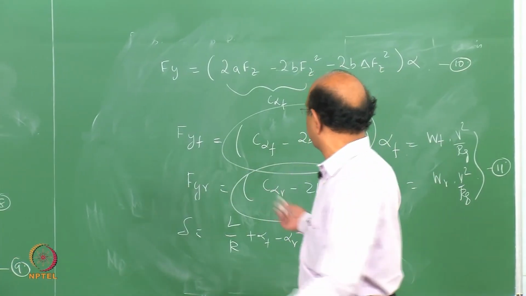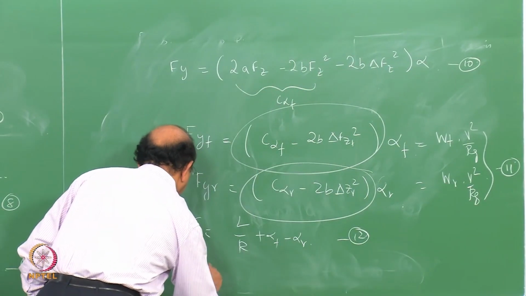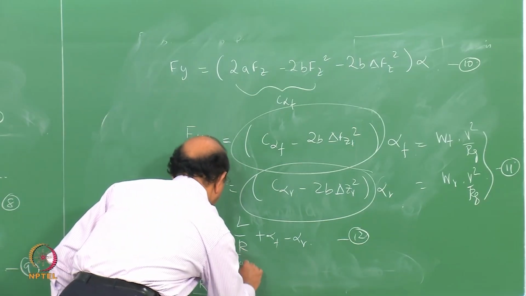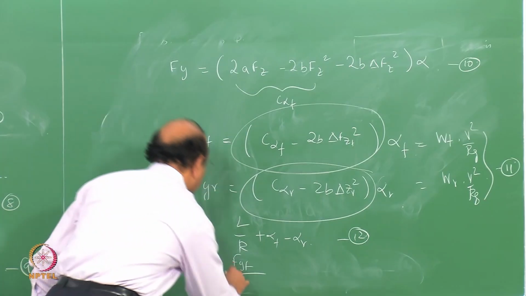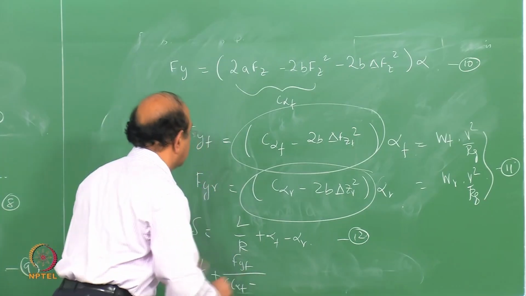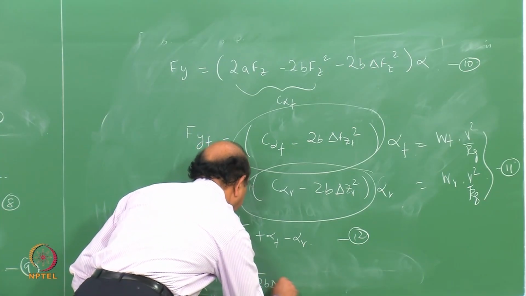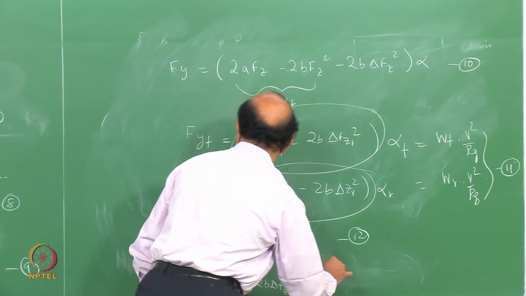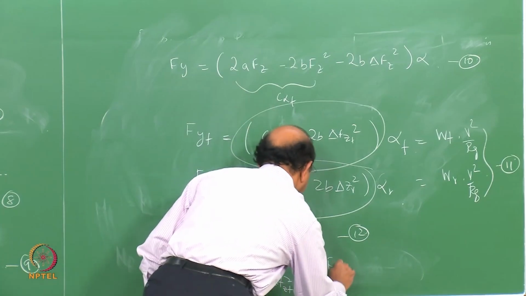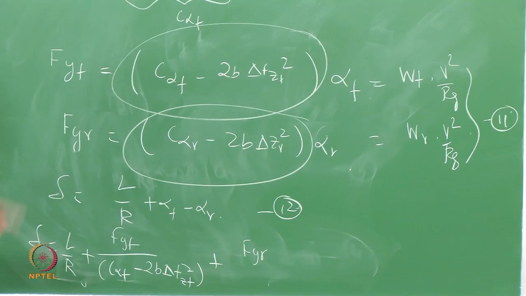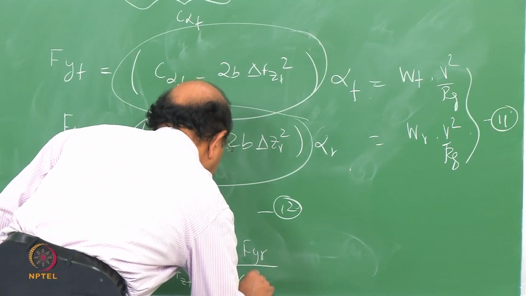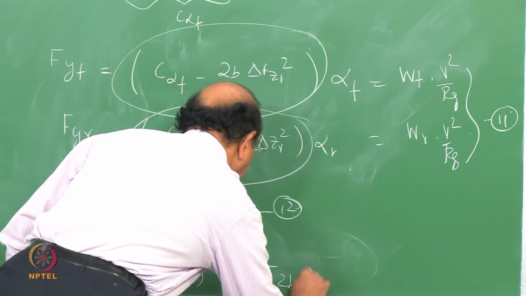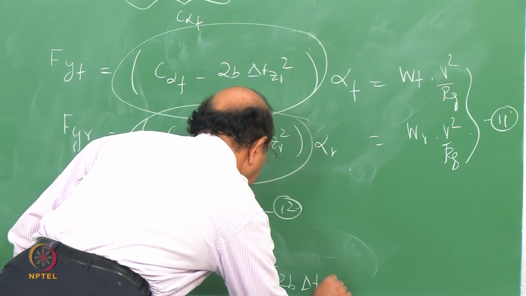So I'm going to substitute that and then write down delta is equal to L by R plus Fyf divided by C alpha f minus 2b into delta Fz front squared, plus Fyr divided by C alpha r minus 2b delta Fz rear squared.